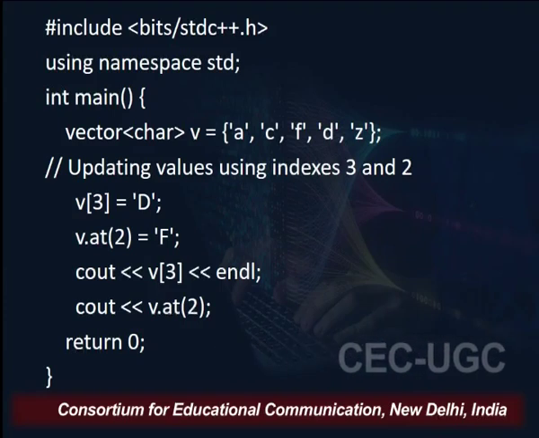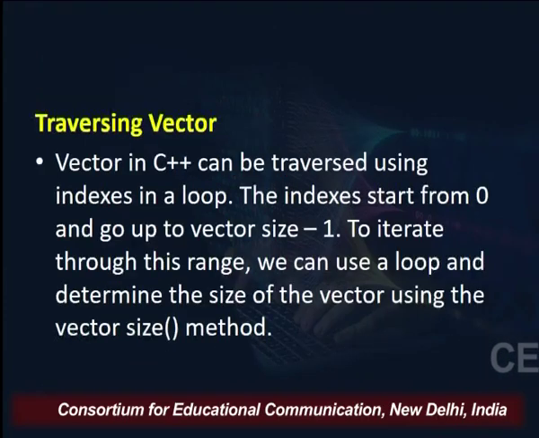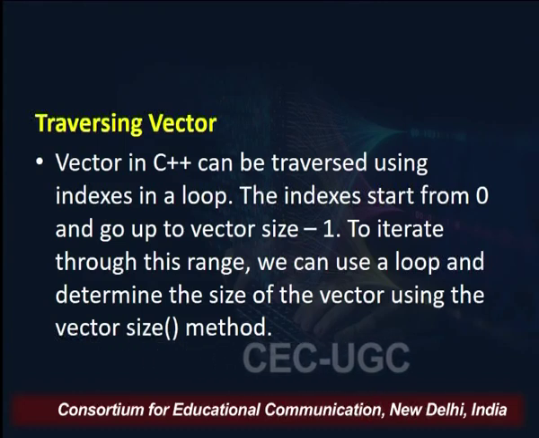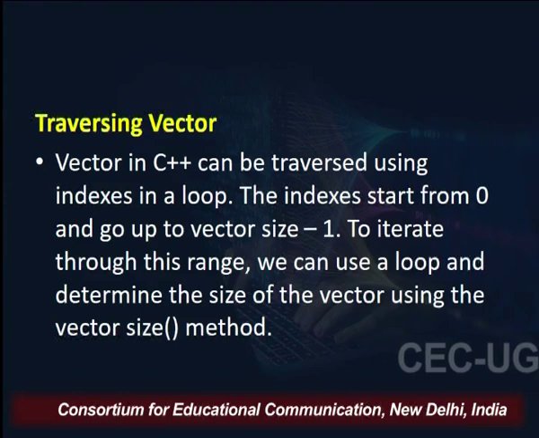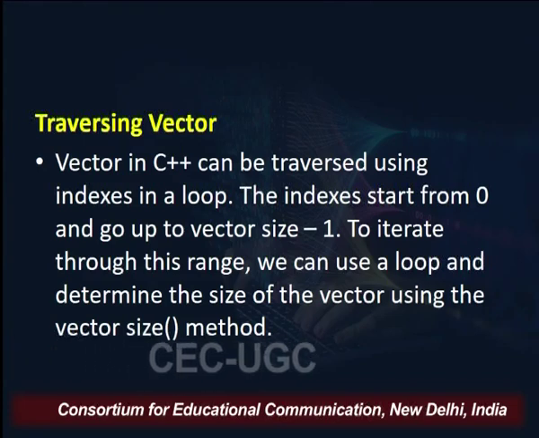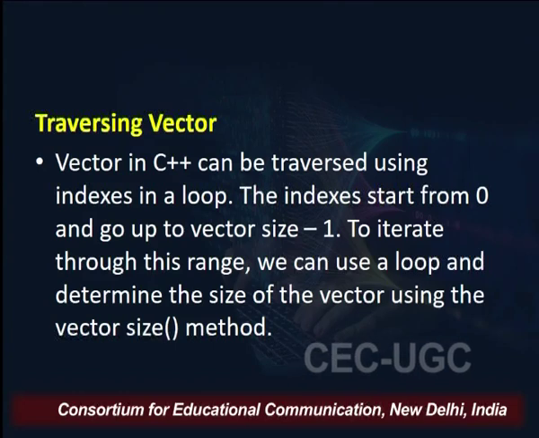Moving on to the next thing, which is traversing a vector. The simplest idea one can think of is that vectors in C++ can be traversed using indexes in a loop, and you are aware that the index goes from 0 to vector size minus 1, which is n minus 1.